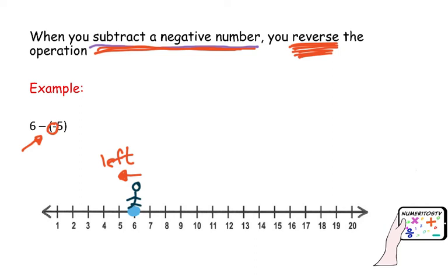So that negative is going to make you reverse, now facing to the right. And then you are going to walk those 5 units. 1, 2, 3, 4, 5. So that means that your final position is on positive 11. So your final answer is positive 11.